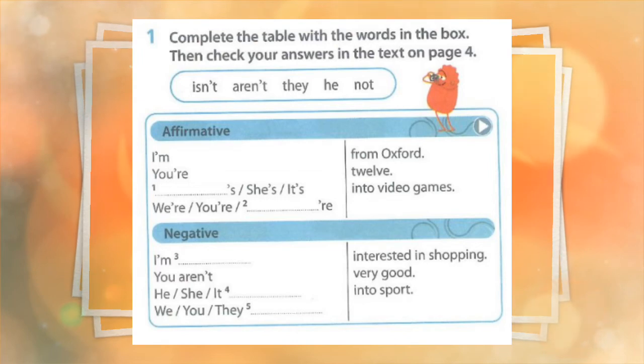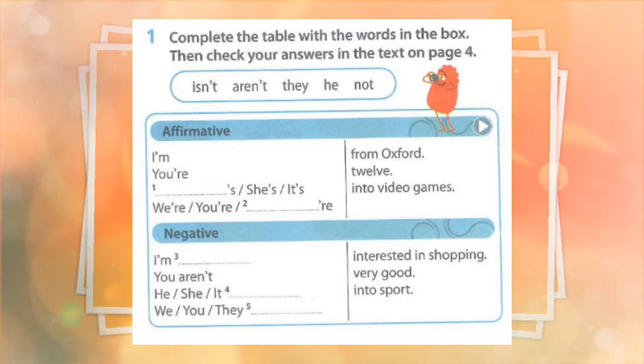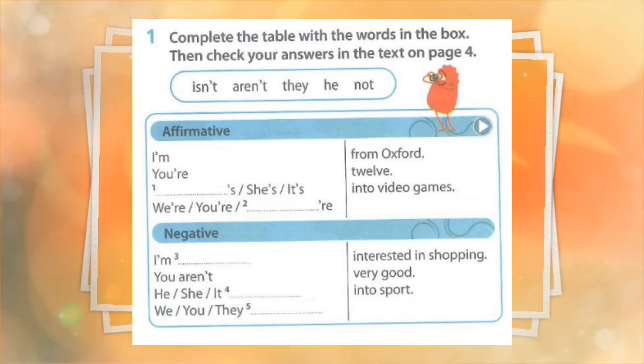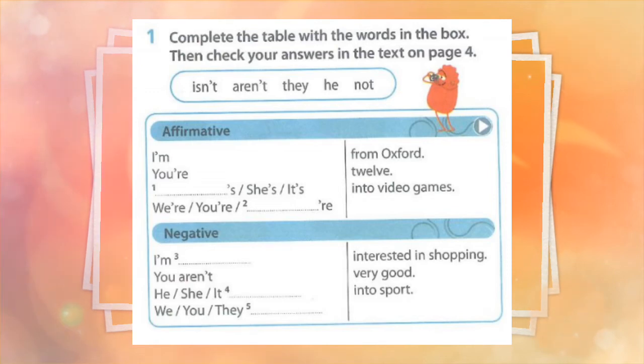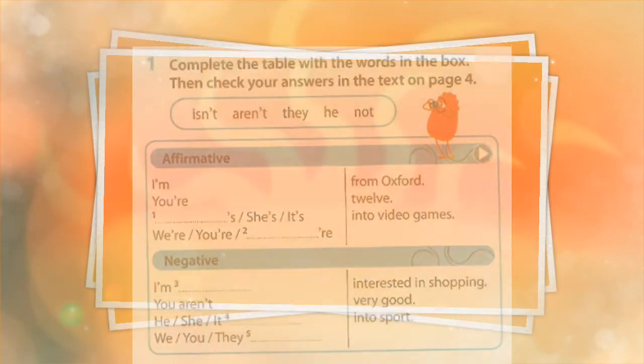I'm 12. I'm into video games. You are from Oxford. You are 12. You are into video games. Number 1. Second, she's from Oxford. She's 12. She's into video games. And so on. Please write down the answer in your exercise book and then submit to me, okay?